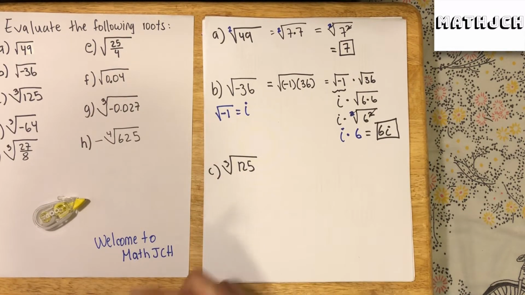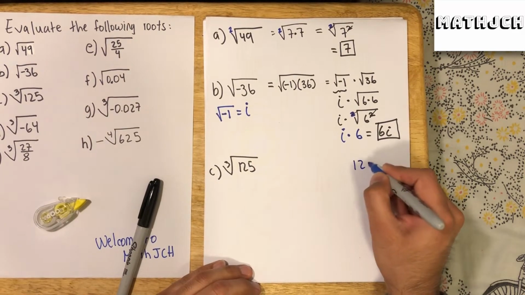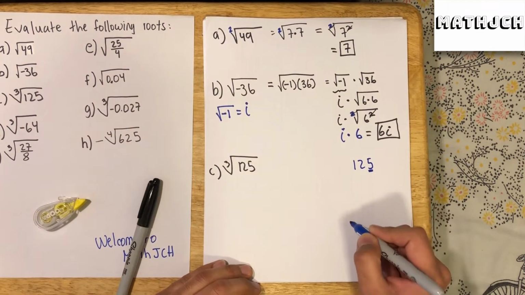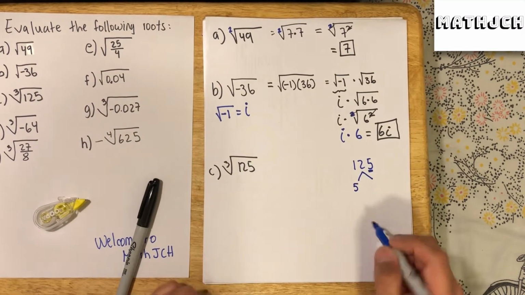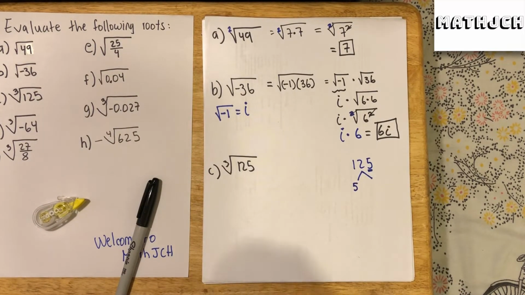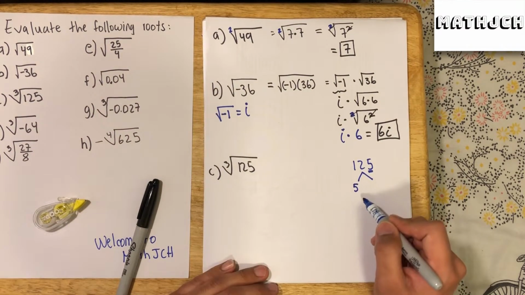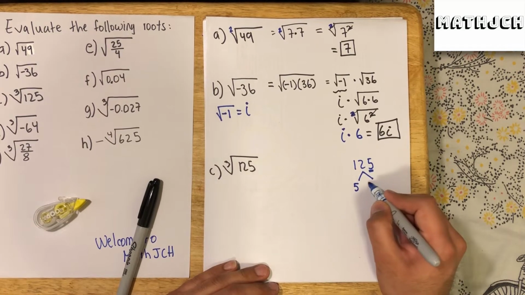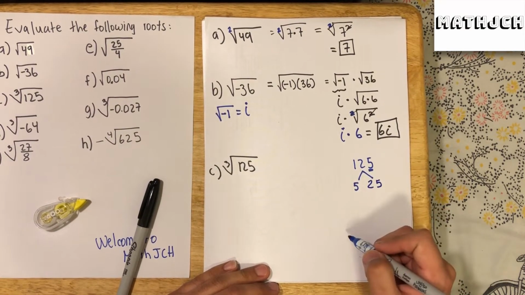So 125, we could do the prime factorization here on the side. Notice that it ends in 5, so it has to be a multiple of 5. So which number times 5 gives me 125? It happens that 5 times 25 will give me 125.